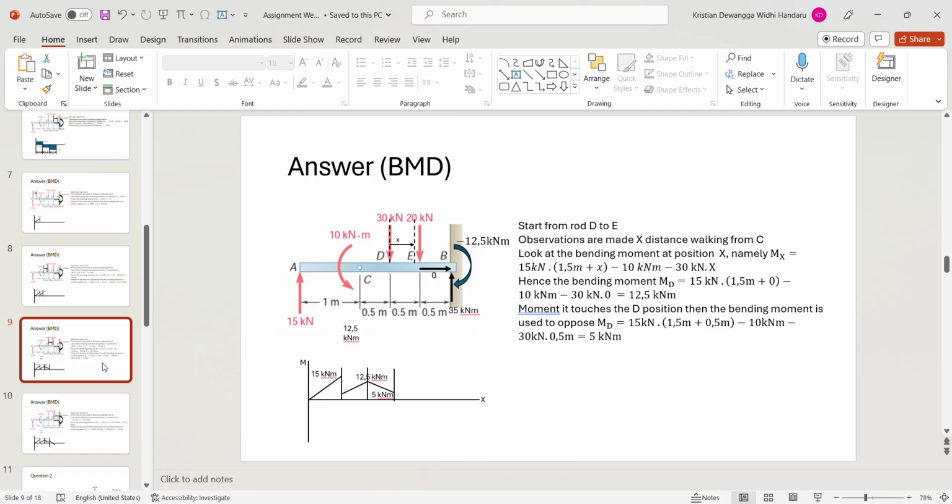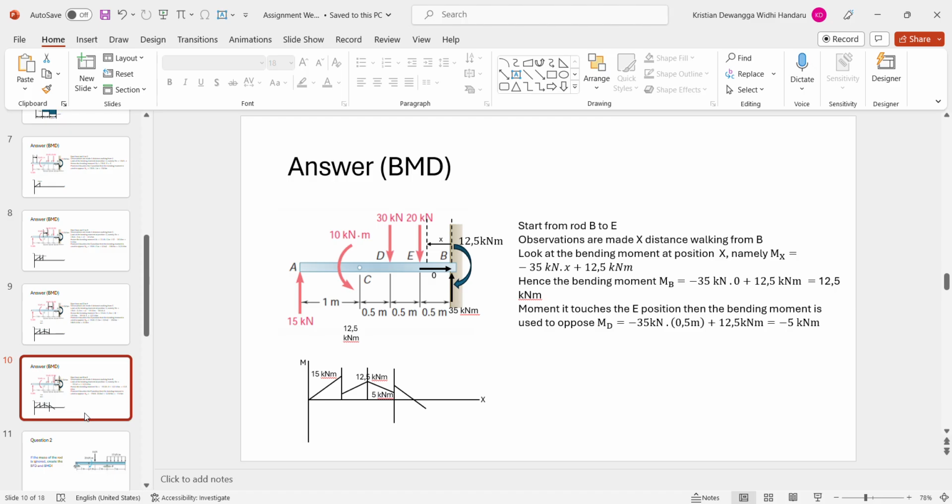And for the ME, 15 kilonewton multiplied by 1.5 meter plus 0.5 meter minus 10 kilonewton meter minus 30 kilonewton multiplied by 0.5 meter equals 5 kilonewton meter.